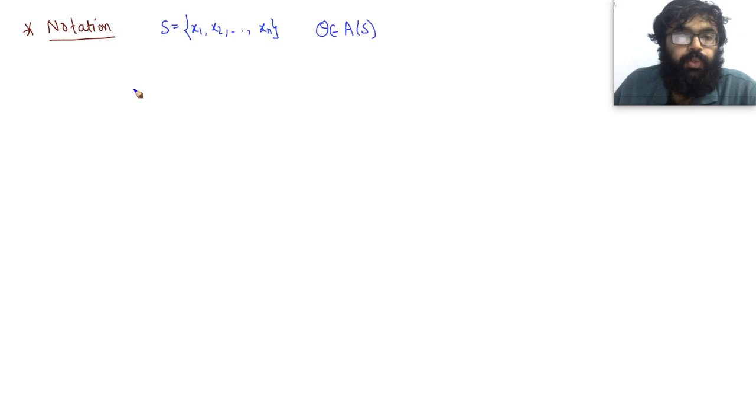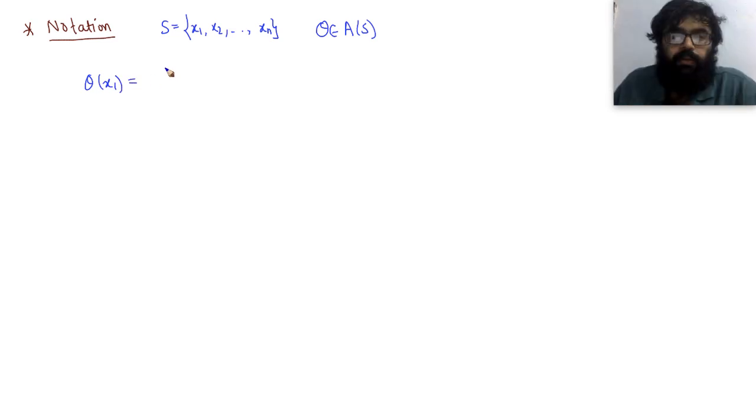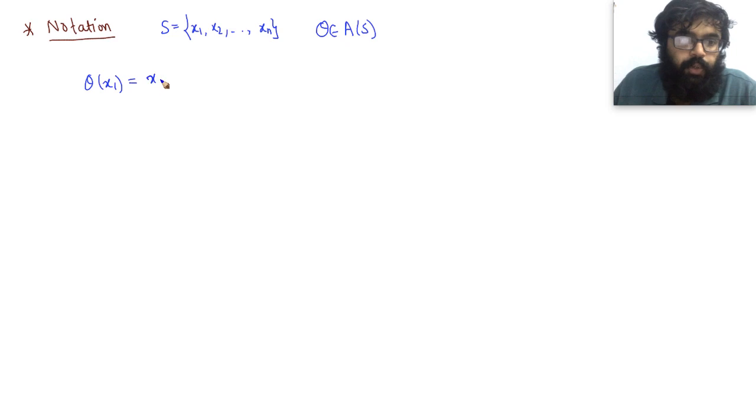So theta belongs to AS. What is theta? Theta of x1 is one of these, so let us call it x_i1, because we don't know whether theta of x1 is x1, but it is one of these. And similarly theta of x2 also will be one of these, but it will not be theta of x1, because otherwise it will not be a one-one function.